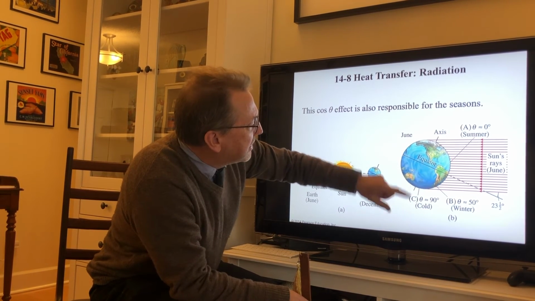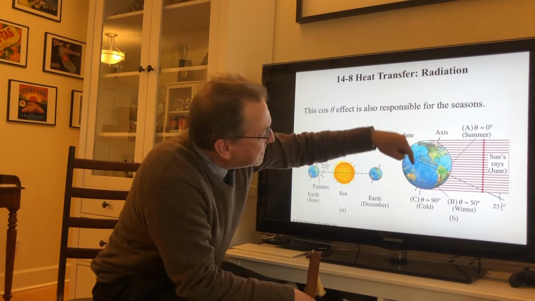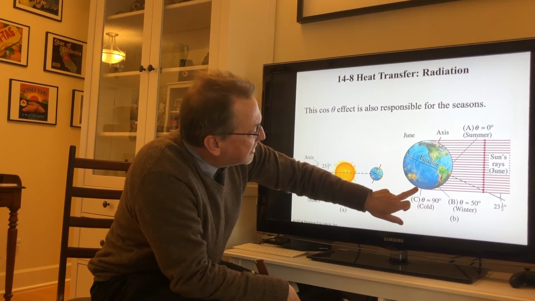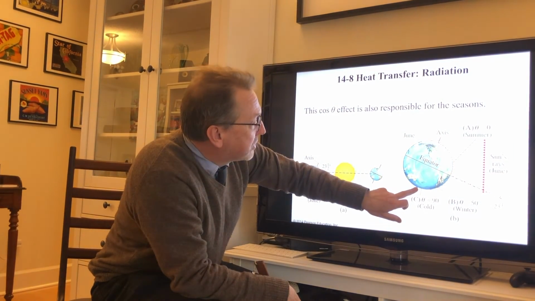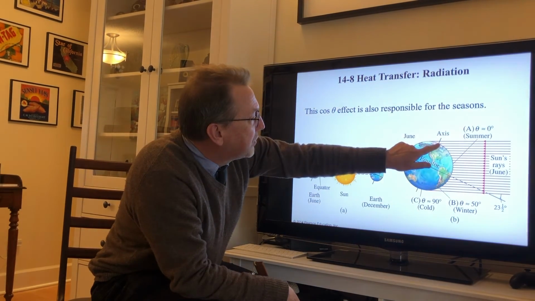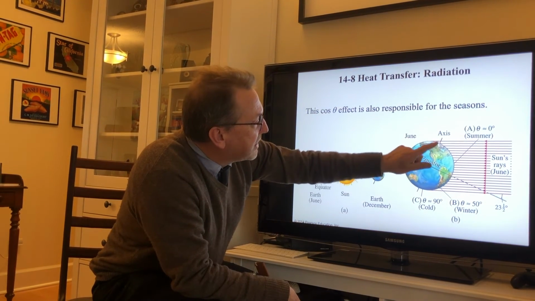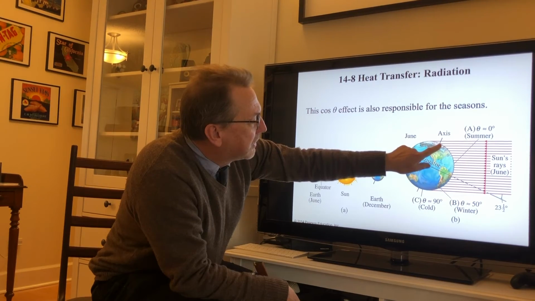Imagine as the Earth twists on this axis here, this part would never see the sun. So we know it's always dark at the South Pole in our summer, whereas if you're here, imagine the Earth spinning on its axis, it would always be daylight.